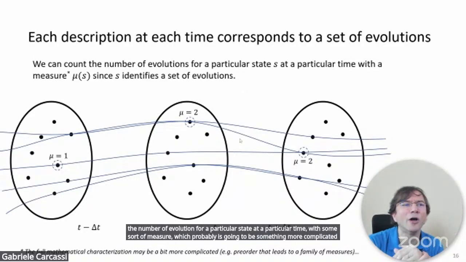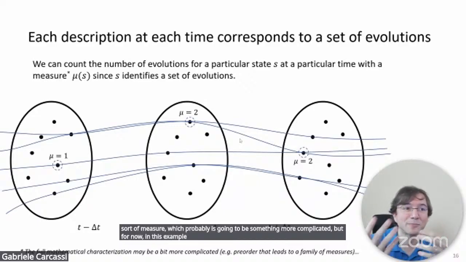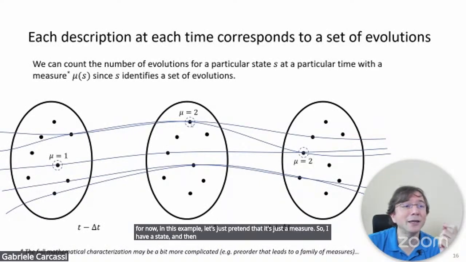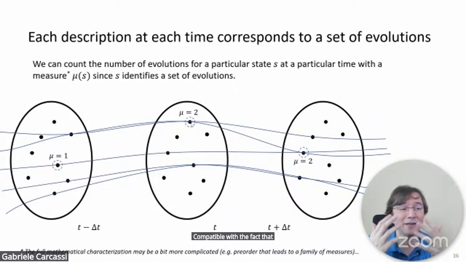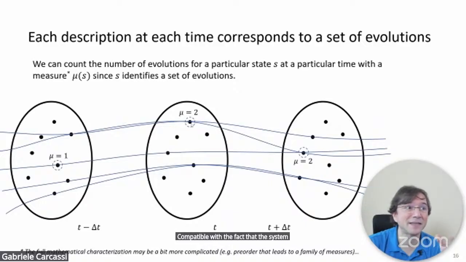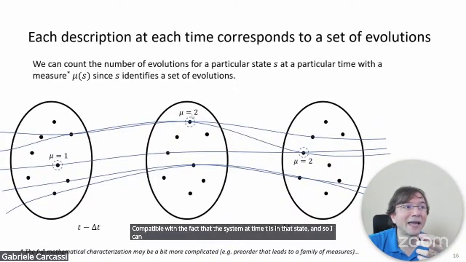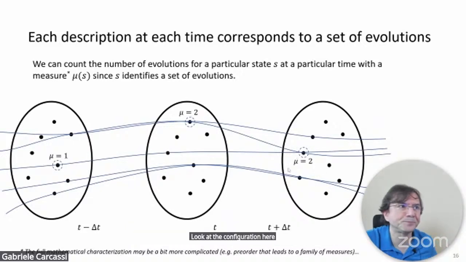But for now, in this example, let's just pretend that it's just a measure. So I have a state, and I ask how many evolutions are compatible with the fact that the system at time t is in that state. I can count the evolutions here, and it's 2, and I can look at the configuration here, and that's 2.